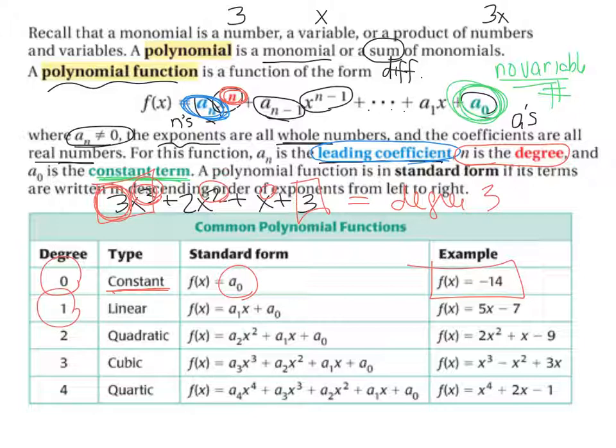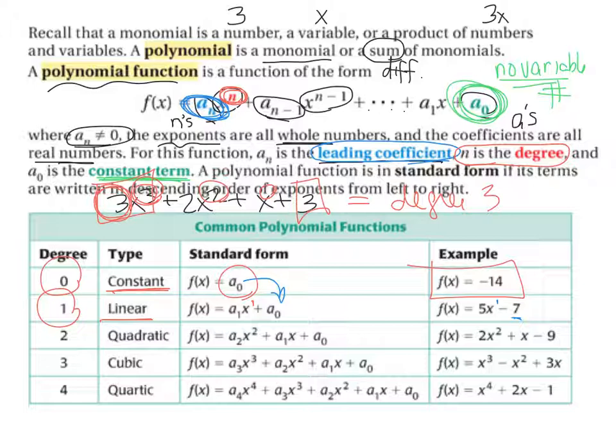A degree 1 is linear. I have a_1 x to the first power. Notice the subscript 1 and the first power are the same numbers on purpose. And a_0, which is a constant. Our example is 5x to the first power and a constant.